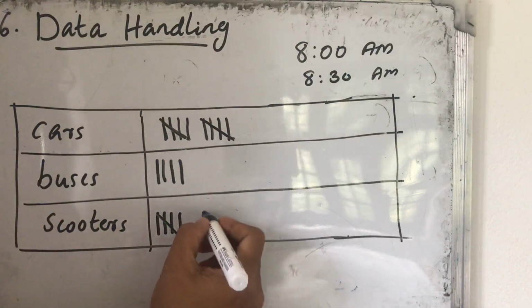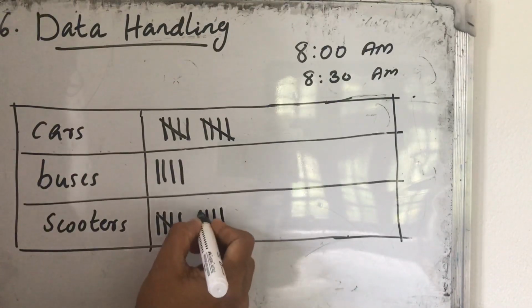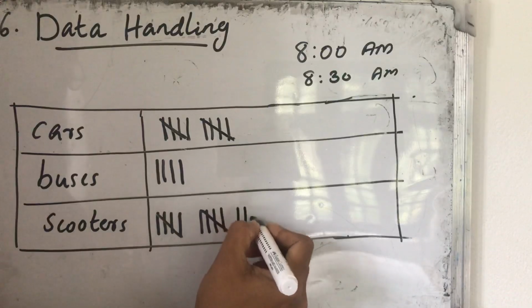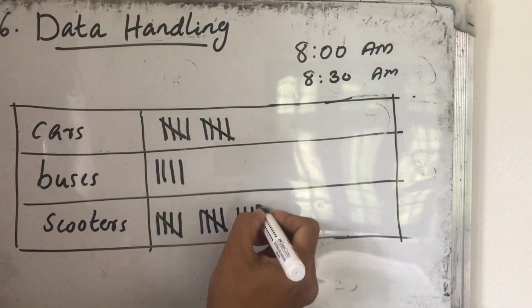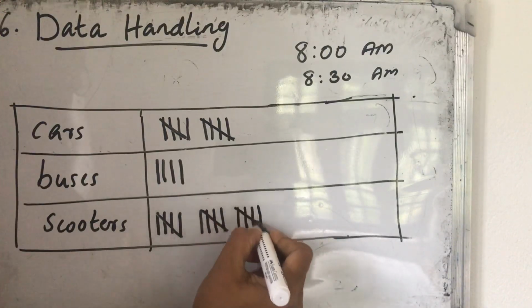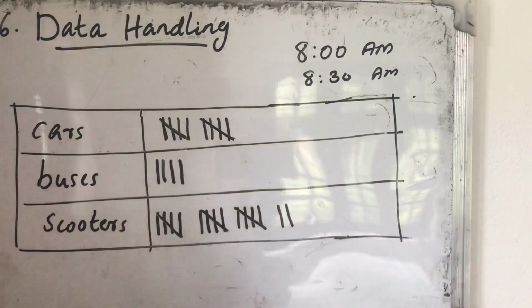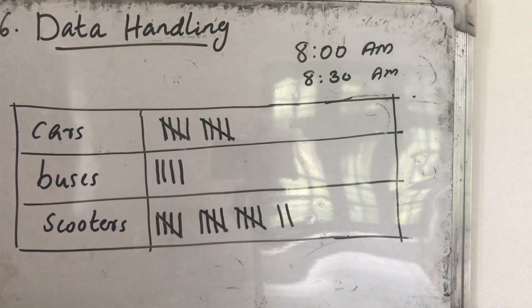Then 6, 7, 8, 9, 10. Next 11, 12, 13. Then 14, 15, like this. Then 16, 17. Now it is very easy to count the number of cars, buses and scooters.